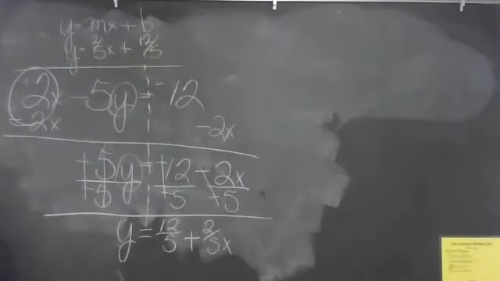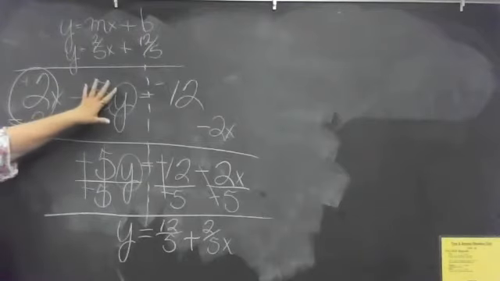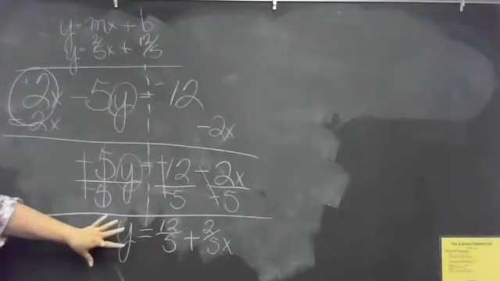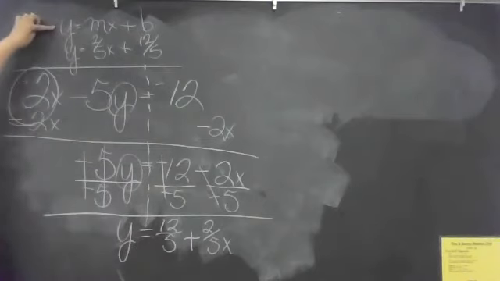Now, the fractions don't have to worry you because all I want to know is, what is the slope now? I have moved this and arranged it, and so I have the y by itself, and that's what I need.